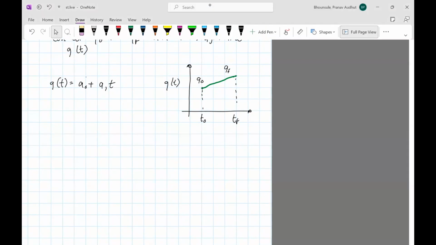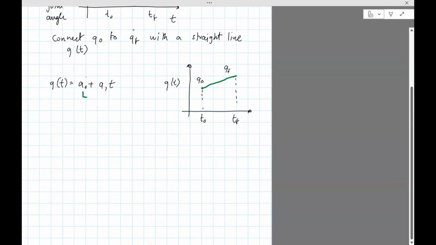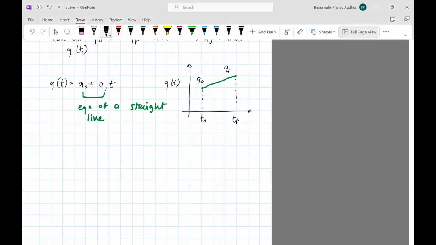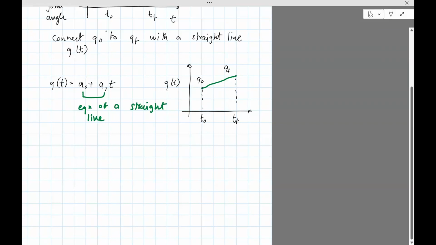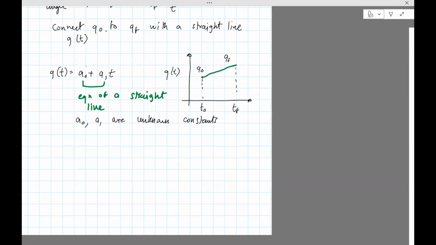Right, that's the equation of a straight line. a0, a1 are unknown constants. So if you want to compute those constants, you need two conditions on those constants, and we actually have those two conditions.